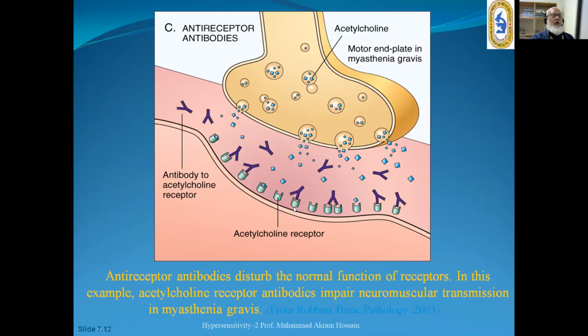Rather, the antibody against the acetylcholine receptor binds with the acetylcholine receptor and results in impairment of neuromuscular transmission, that is myasthenia gravis. But in Graves' disease, that is stimulatory, the opposite, the antibodies are formed against TSH receptor and they cause stimulation of thyroid gland, forming more T3, T4.